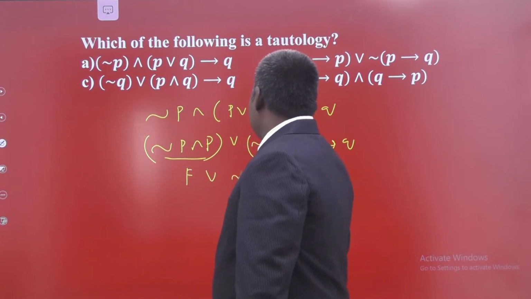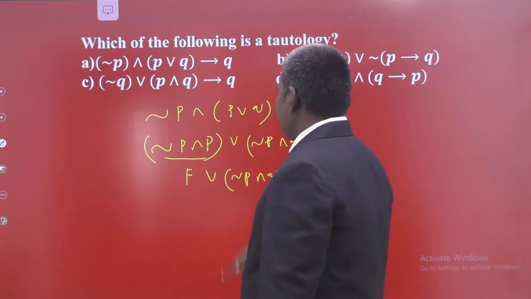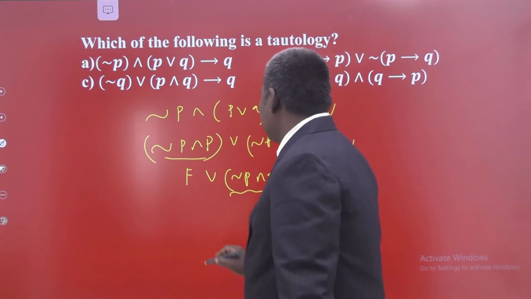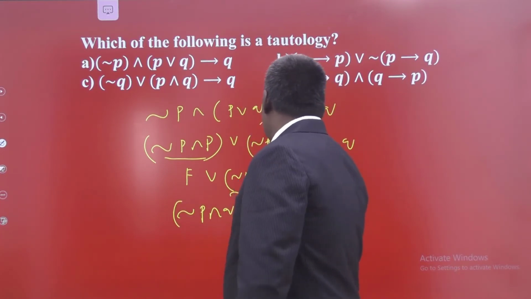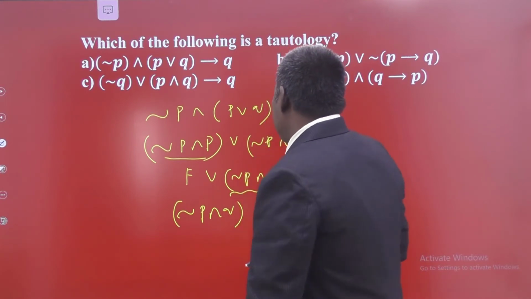So it is False ∨ (¬P ∧ Q) → Q. False or anything is nothing but that thing. So it is nothing but (¬P ∧ Q) → Q.